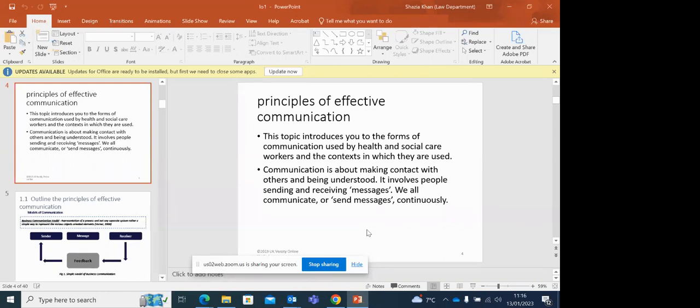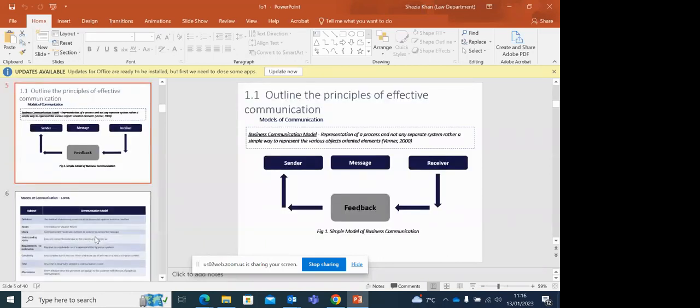Yes, it is important, because you're able to identify what the person's saying. Yes, and expressing the needs and the feelings of the person. So 1.1 is we're going to look at outlining the different principles of effective communication.